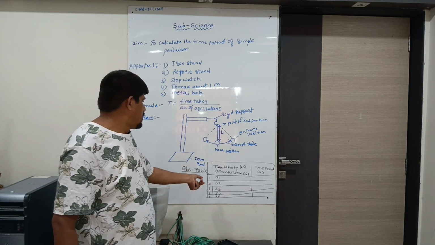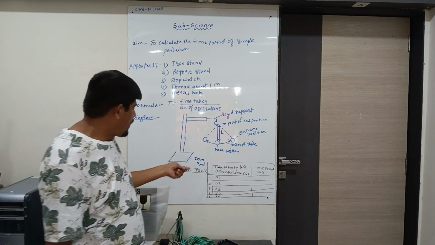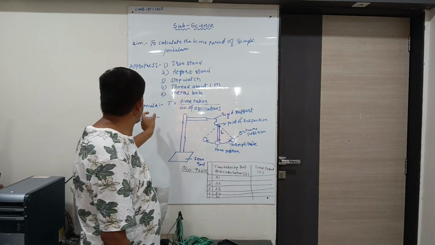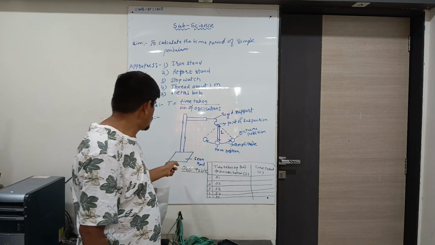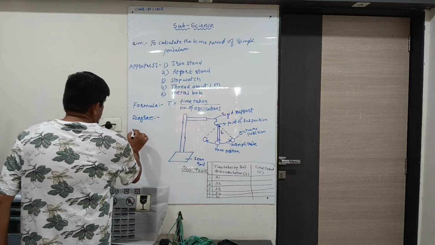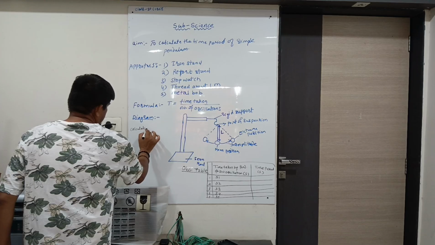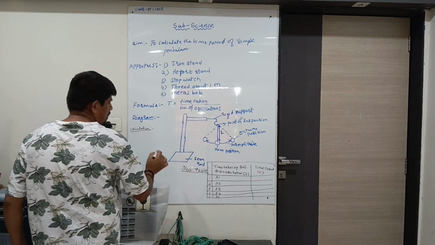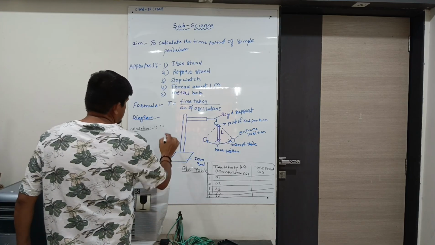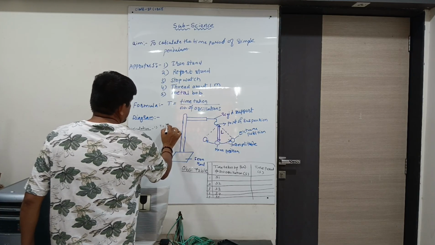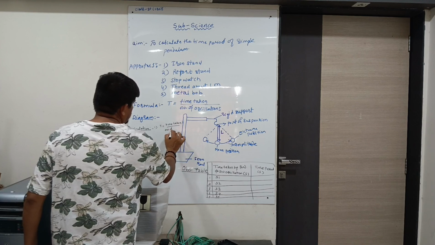Then you know that the formula for calculating the time period is time taken divided by number of oscillations. So here you can make the calculation. First, time period T equals time taken divided by number of oscillations.